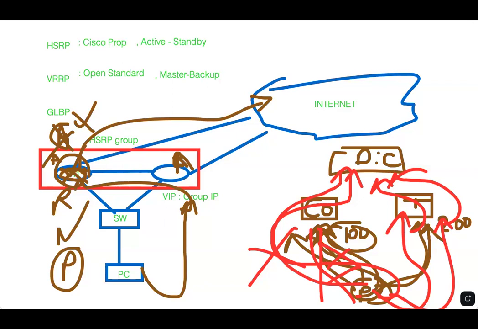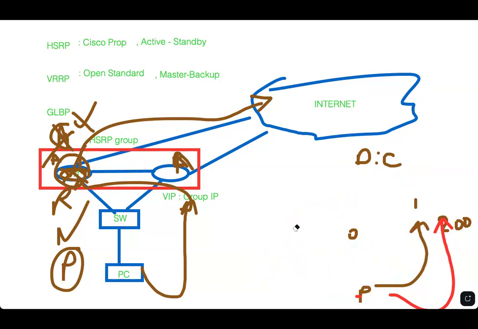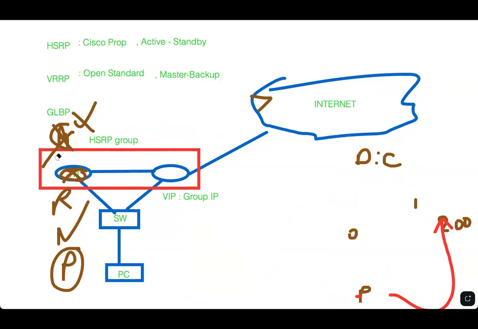Now in VRRP also, the concept is very similar. There is no change. Like I said, the terminologies are different only. This will become the VRRP group.